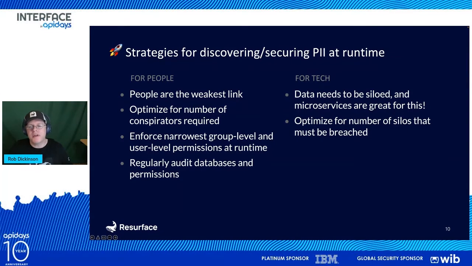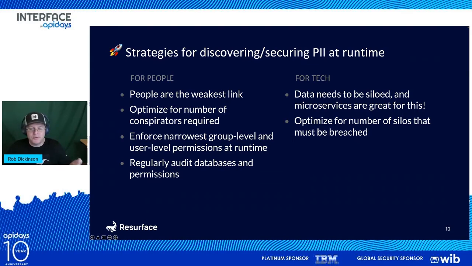Now you can start to think about optimizing for the number of silos that an attacker has to successfully breach to carry out a system level attack. So I have to gain access to the user system. I also have to gain access to the billing system.